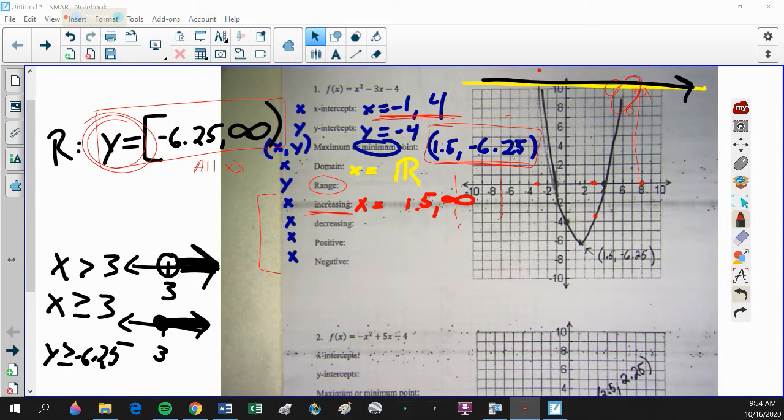Now, do we use parentheses or brackets? Well, we know infinity gets a parenthesis every time. Okay? What happens at 1.5 seconds? I start going up the hill, but at 1.5, am I pointed uphill? No. Which way am I pointed?